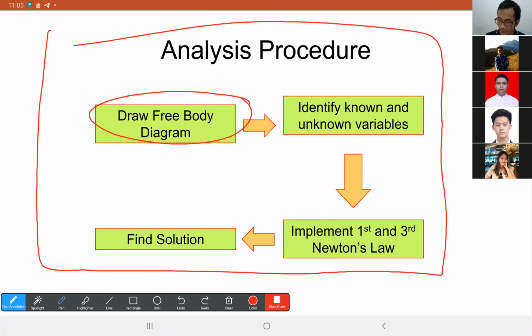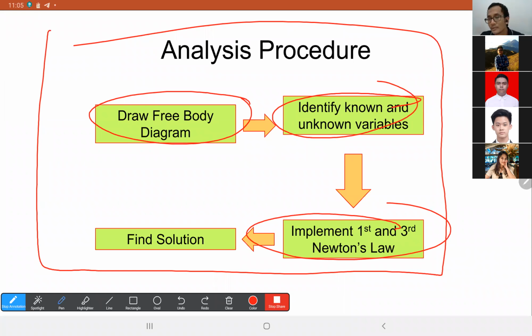After that, you have to identify the known and unknown variables. Then implement Newton's law to solve for the solution. So that's the step-by-step on how we can solve problems in statics. Most problems in statics, we use this kind of way to solve it.